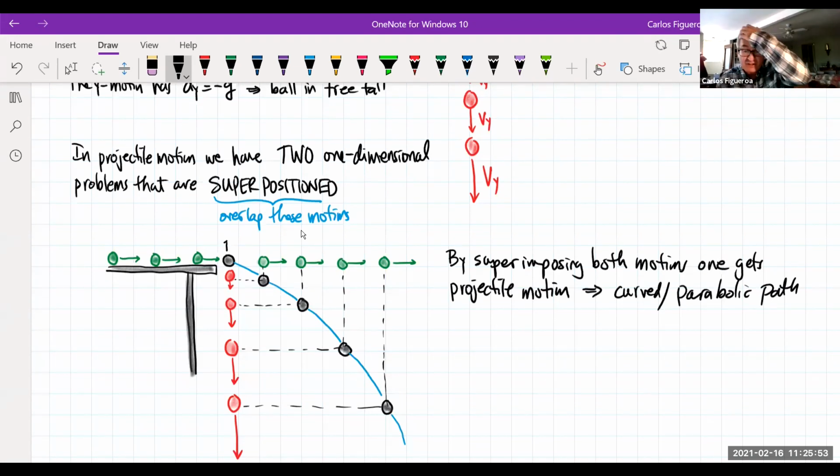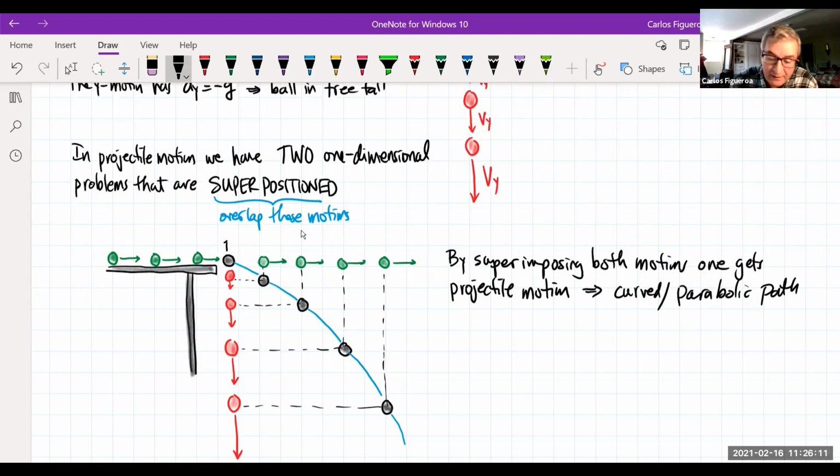By the way, I know that it's common for textbooks to say parabolic. It's actually not parabolic, it's elliptical. It's just that the Earth cuts off part of the path because it's hitting the ground.